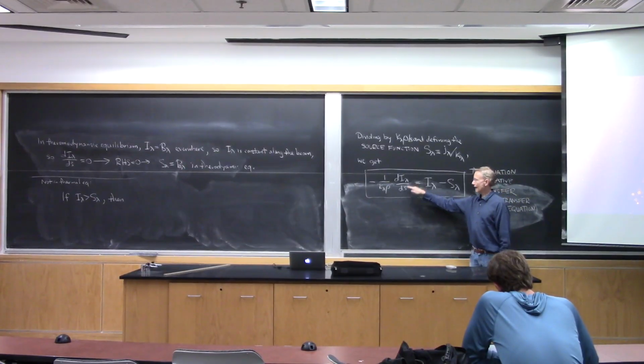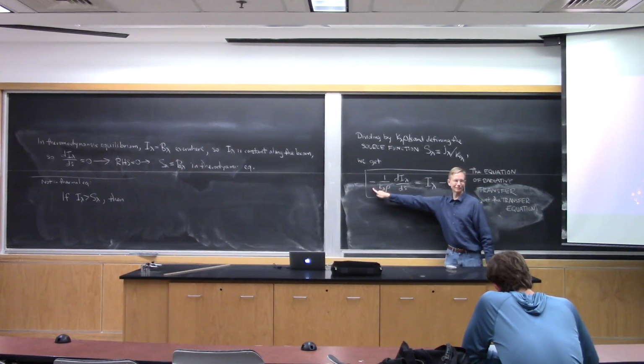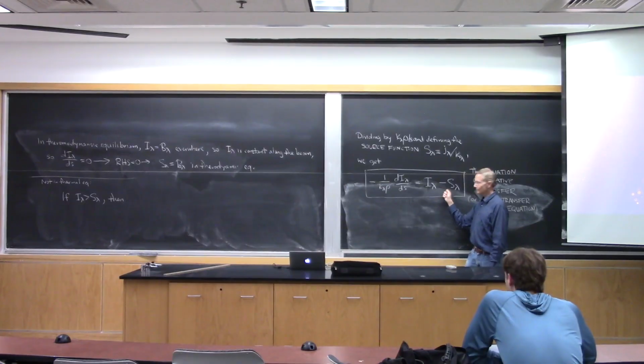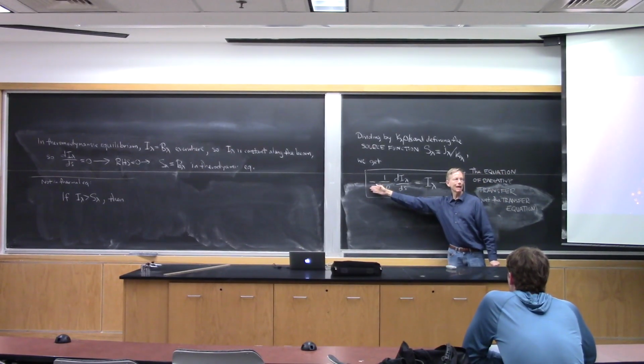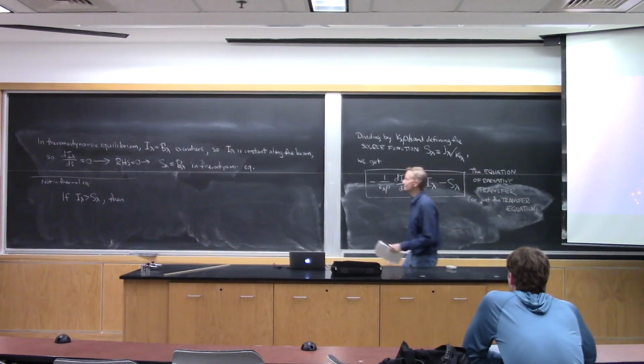Positive. So is di lambda ds positive or negative? There's a minus sign right there. If this side is positive, di lambda ds must be negative because of that minus sign.